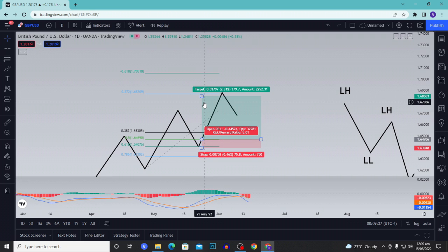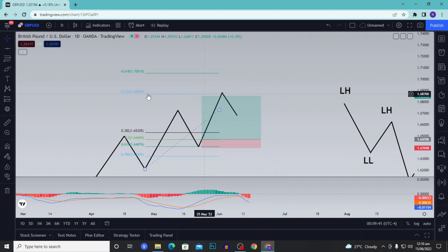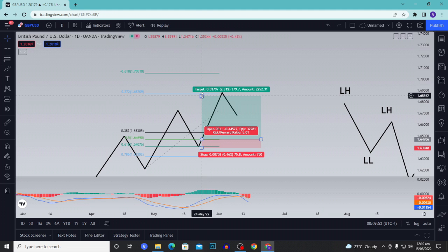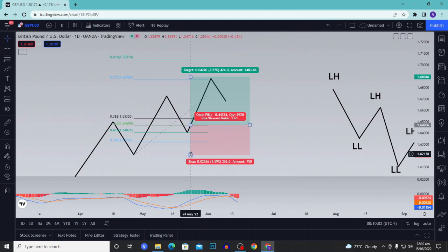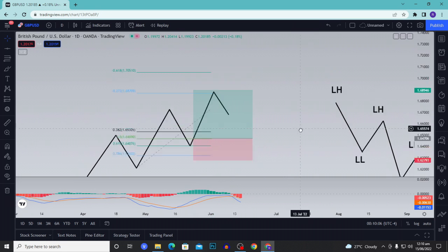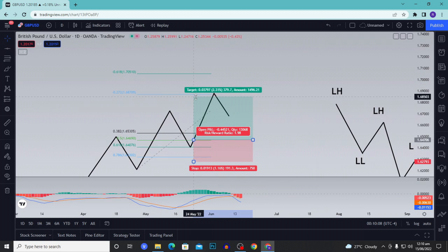But if your take profit, once you place it at the round number below the negative 0.272, gives you a risk to reward below 1 to 3, then you just adjust your take profit. So let's say for example something like this, and your take profit at the very first round number below this point is not a 1 to 3 risk to reward ratio.